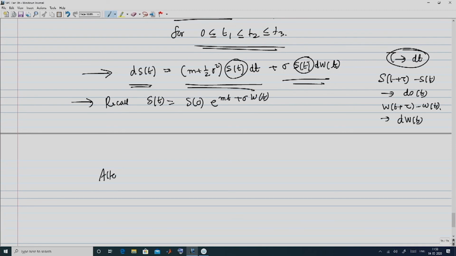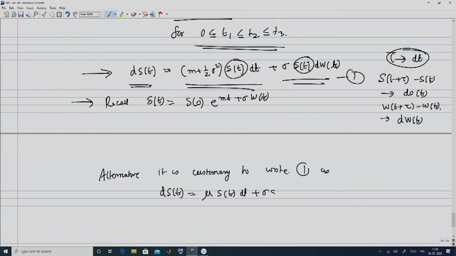So, alternatively, it is customary to write, let me call this equation 1, to write 1 as dS(t) is equal to mu S(t) dt plus sigma S(t) dW(t). Basically I will use mu to replace m plus half sigma square.